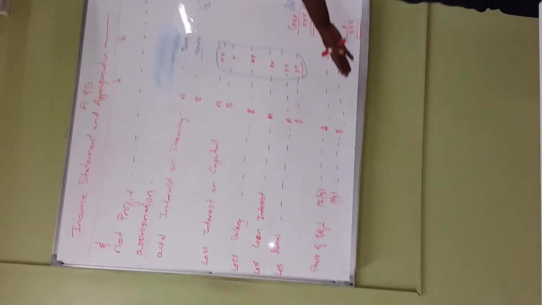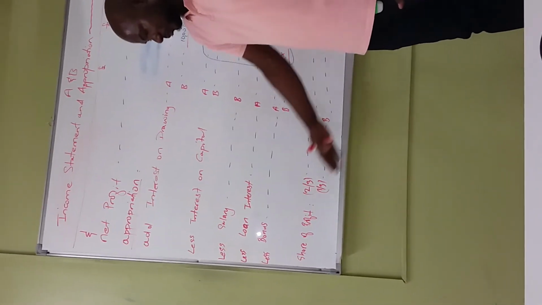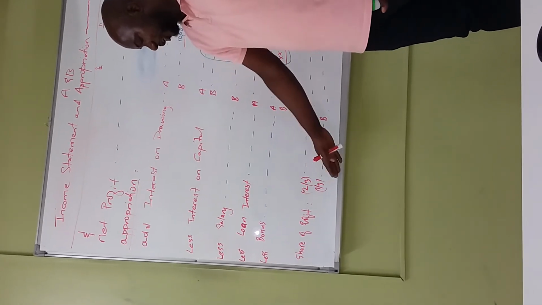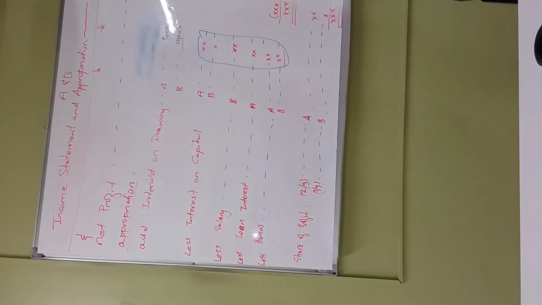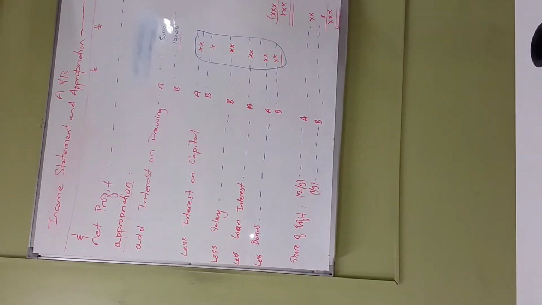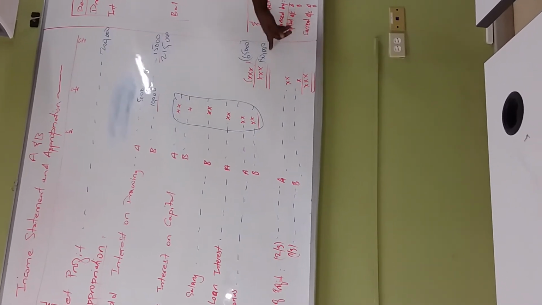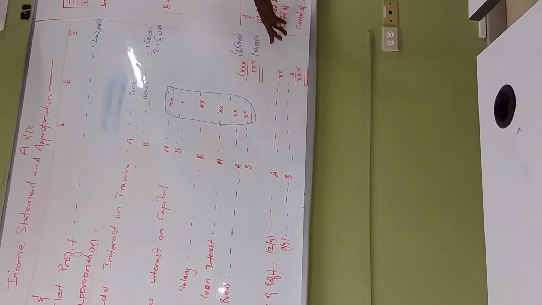Now from there, what you're going to do is apportion, or do the ratio for your share of profit, or the percentage wise as it relates to your share of profit. Meaning that from this profit after appropriation, how much partner A is entitled to, how much partner B is entitled to.